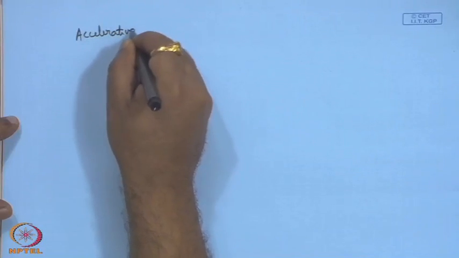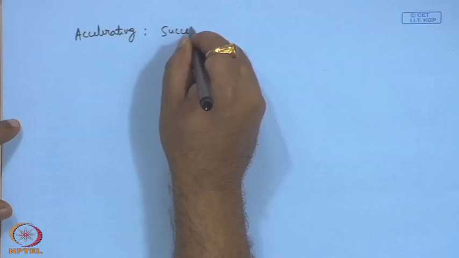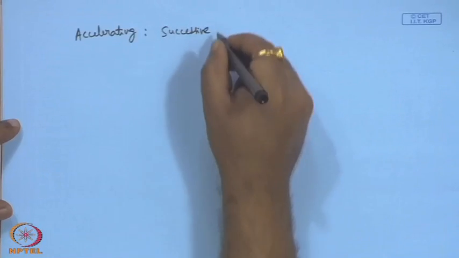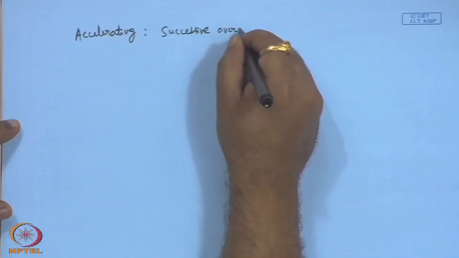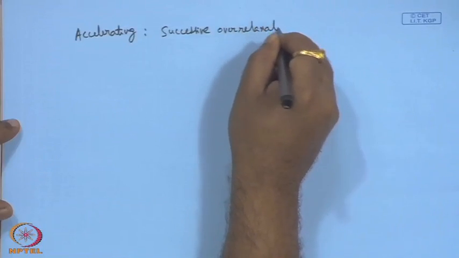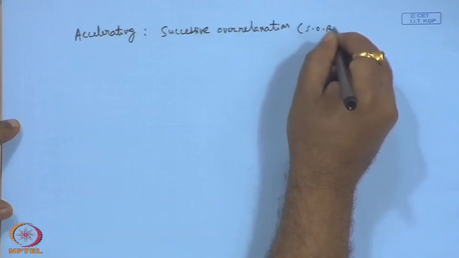Then, having discussed Gauss-Jacobi and Gauss-Seidel, let us wind up this session with successive over relaxation. Okay. So, this is popularly known as SOR.